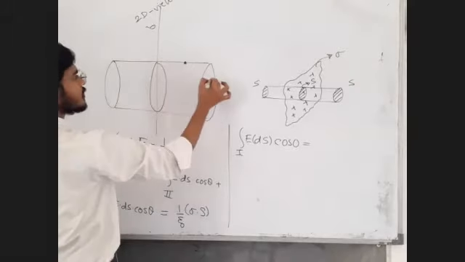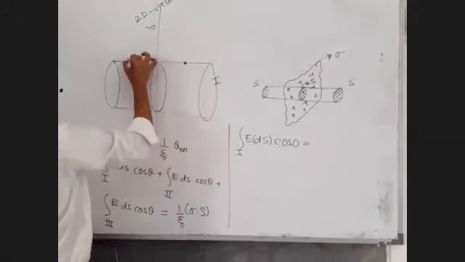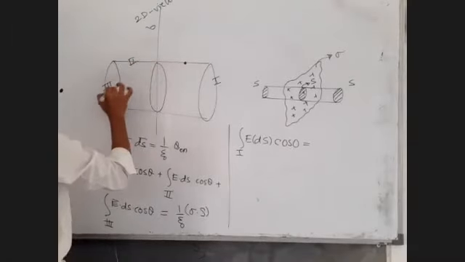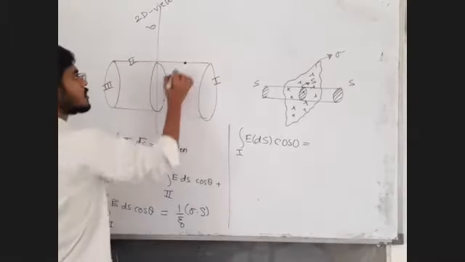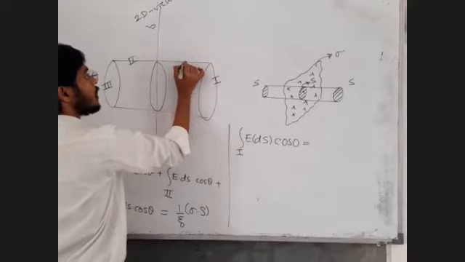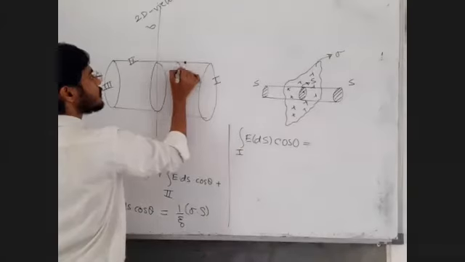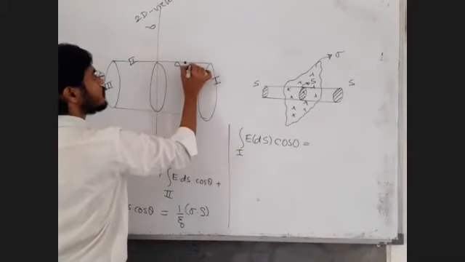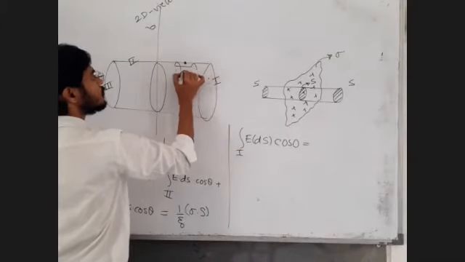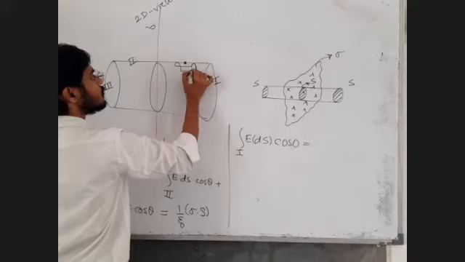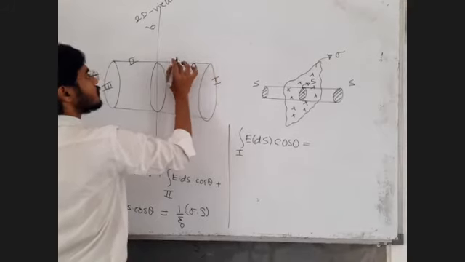Here, second area. This was first, this was second, and this circular face is the third area. These three areas enclose some charge at this point. This should be the area.